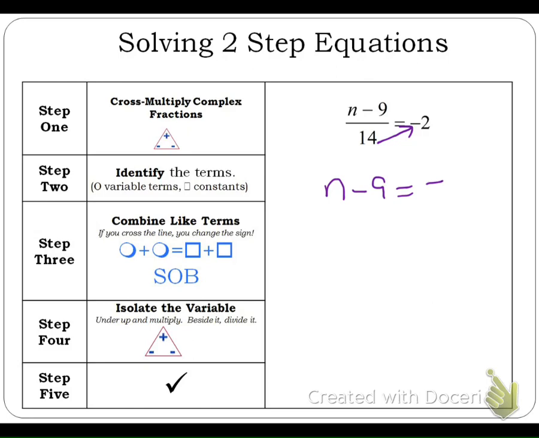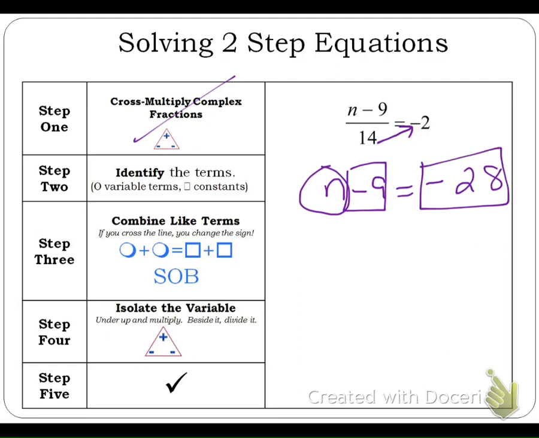And 14 times 2, or if you double 14, it's the same thing, is 28. So we've cross-multiplied.